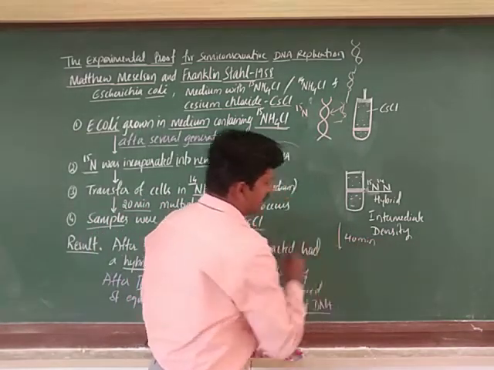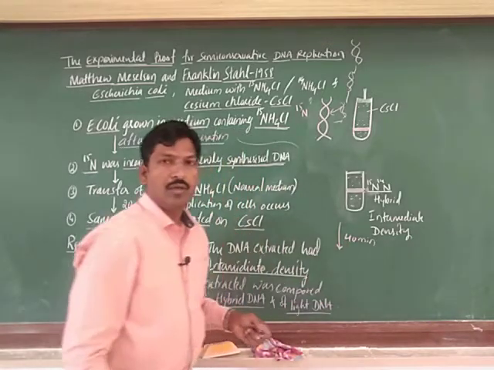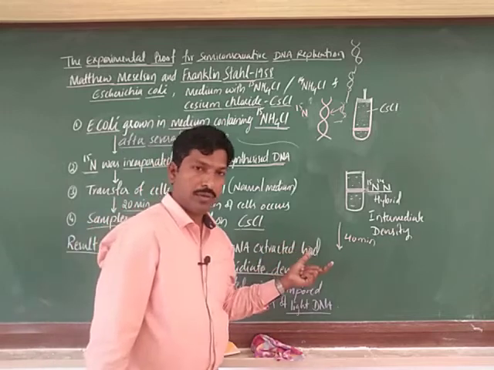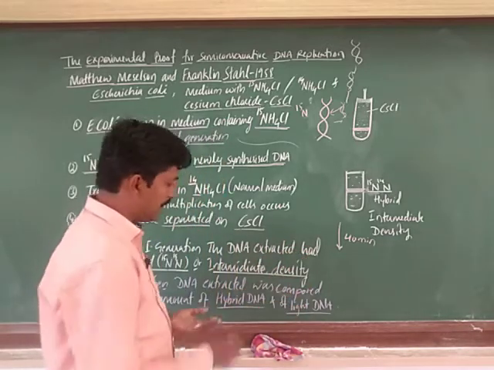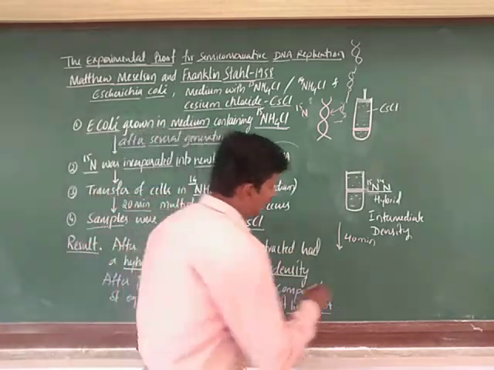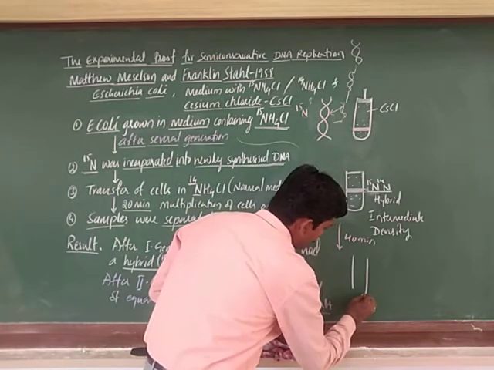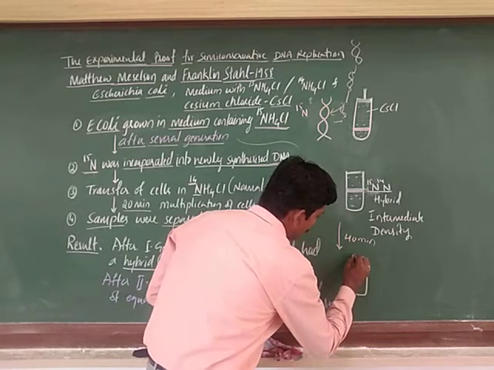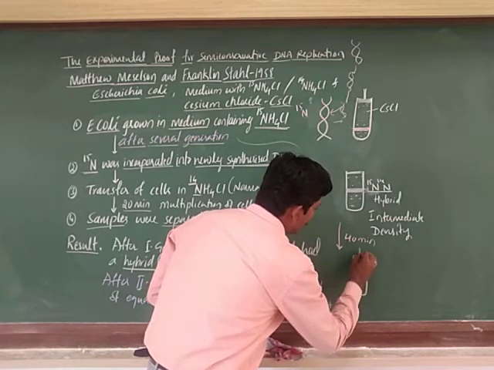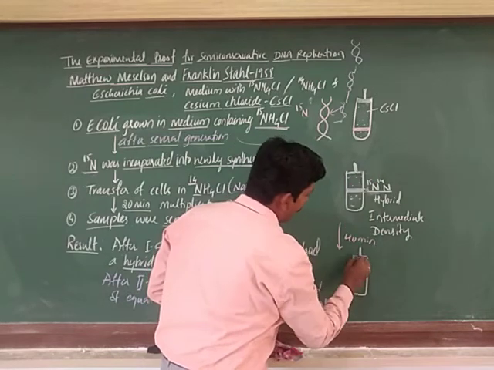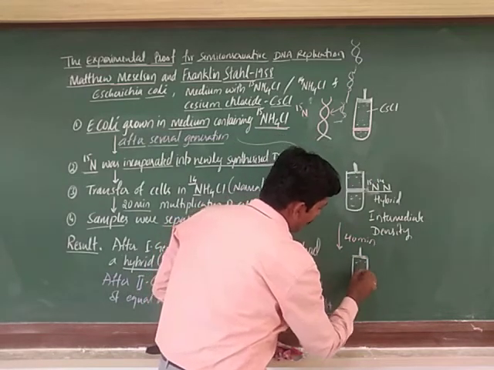Next, after 40 minutes the same bacterial cells are allowed to centrifuge, right. When they centrifuge, what happens here? This is, as usual, the test tube we can show, with cesium chloride.